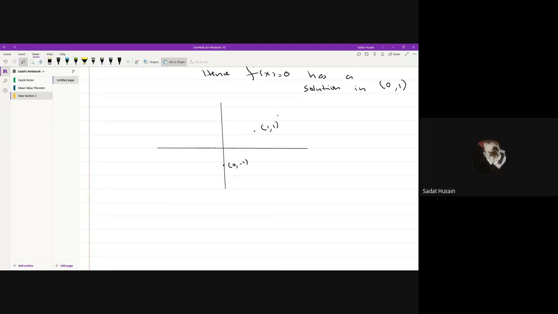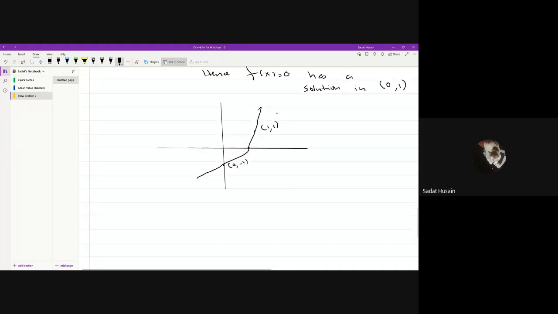If it's like this, then at some point in the middle the graph will be 0. Do you agree? It has to cross 0 at some point, an intersection point. Okay, so this makes sense.